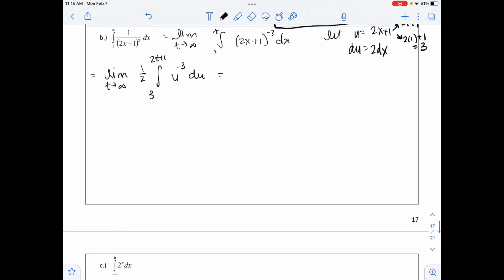So from here, we have the limit as t approaches infinity of 1/2 times, and now integrating this, we get u to the negative second times 1 over negative 2. And we'll evaluate this from u equals 3 to 2t plus 1.